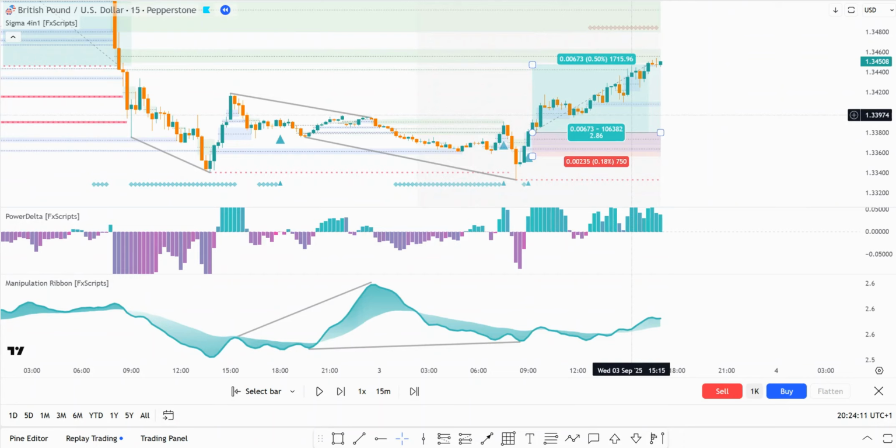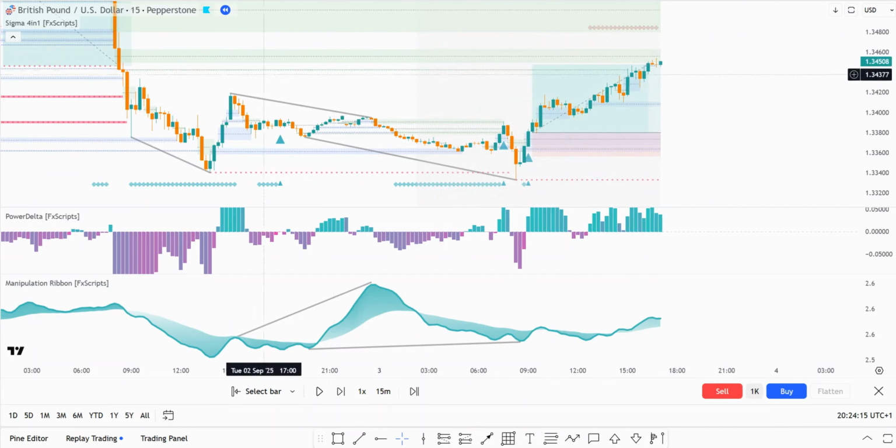the day. So it really is a great system using the Sigma 4-in-1, which comprises the background liquidity checker, the 4-hour, or in this case it's the 4-hour, and the daily liquidity. You can set it to any higher time frame you wish. If you're on the 5-minute, for instance, you could potentially set the hourly, the 4-hourly, and the daily.